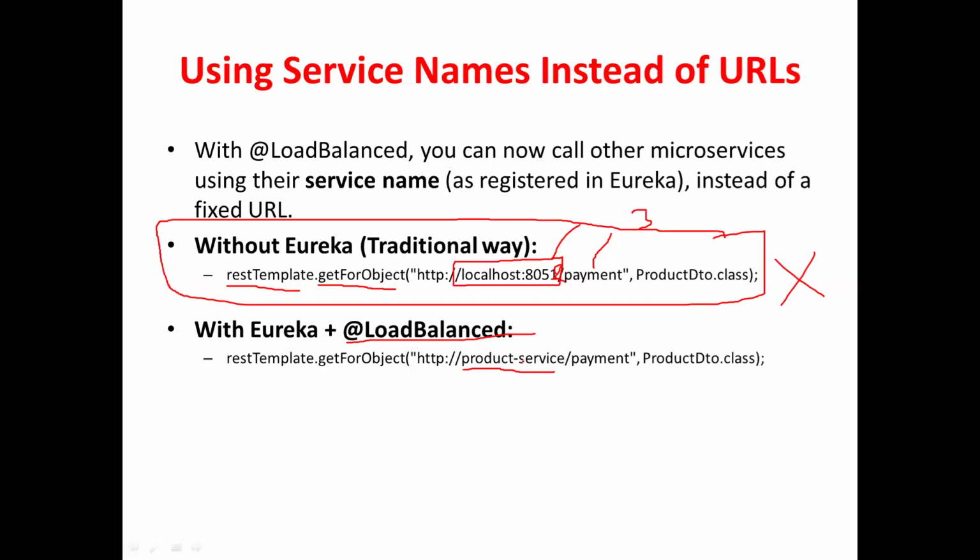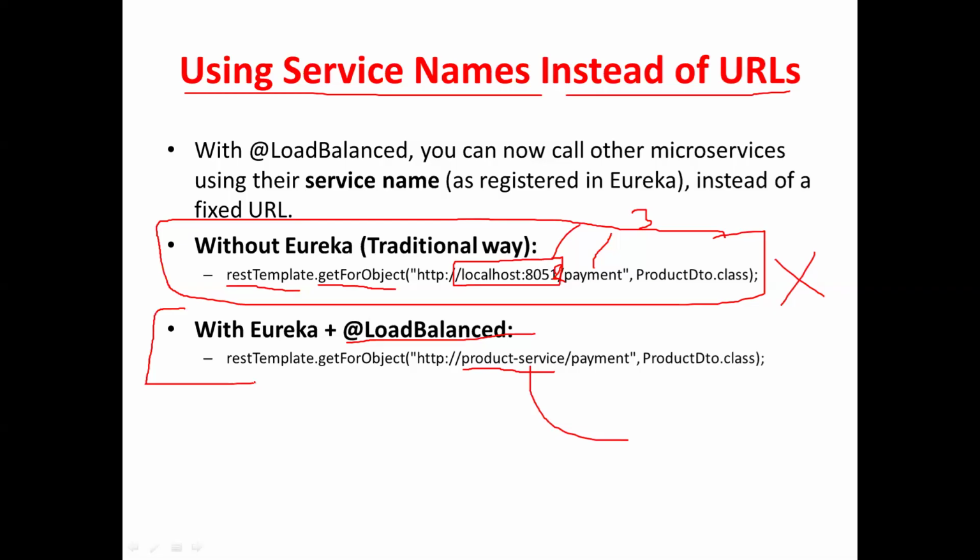Those application names you should provide here instead of URLs or hard coded IP addresses. That's it. Now, it doesn't matter how many instances you are running, it will do the job for you. Clear? Any questions?